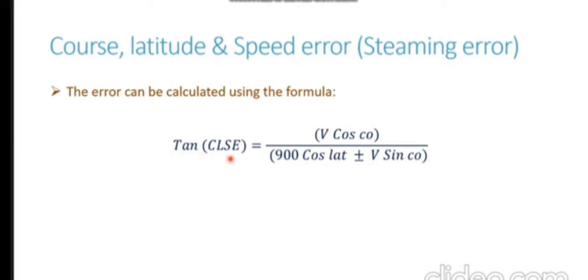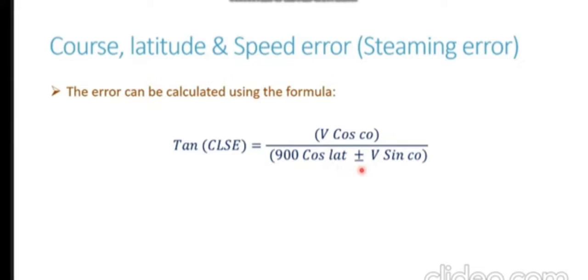Tangent of CLSE, that is course latitude speed error, is equal to V cos course, where V is the speed of the ship and course is the course which the ship is making good, whole divided by 900 cos latitude plus minus V sine course. So latitude is the latitude of the place where the ship is.